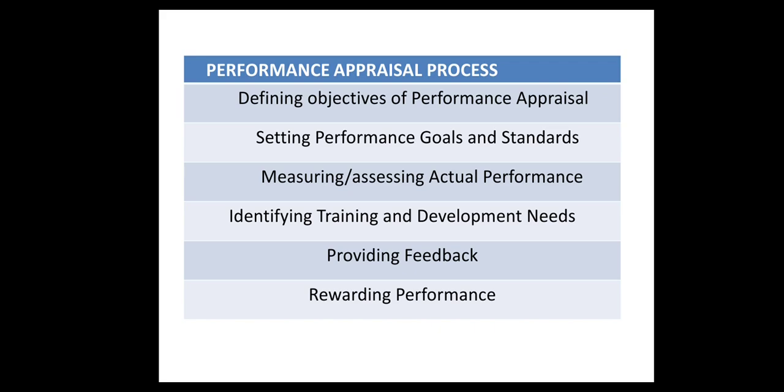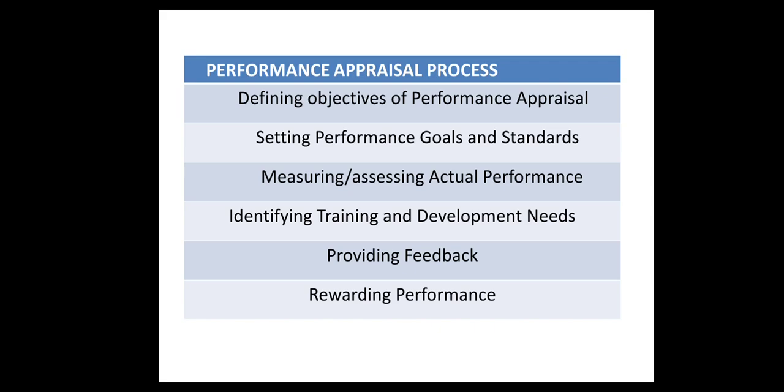You already know that these steps are somewhat similar to controlling. That is, defining the objective of performance appraisal, why we have to conduct a performance appraisal, setting the goals and standard, what is the standard performance of an employee, then measuring the actual, what is the actual work done by the employee, then finding out the deviation.